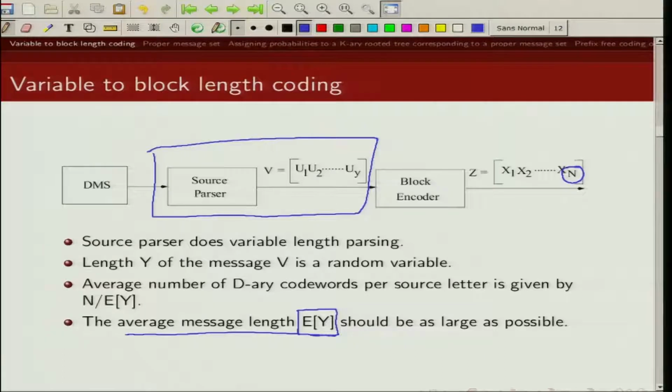So I get compression by mapping large blocks of input data to this code word of length n. So I would like to maximize my expected value of y, and so I have to design my source parser, which will parse this input stream into blocks of data, and then I will map these variable length blocks into code words.